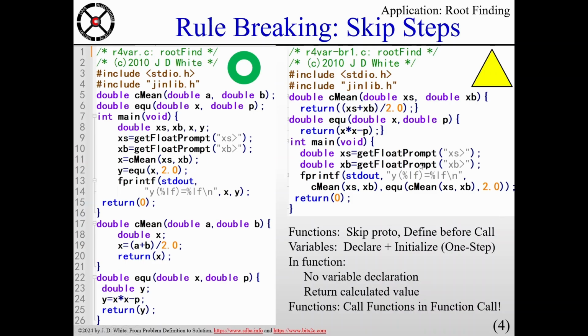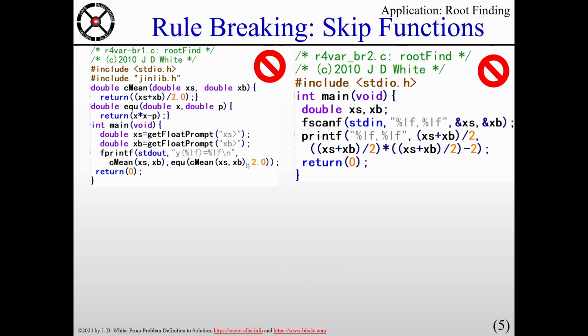But I can also break some more rules. It's still understandable. I can still understand this code. It takes a little bit of time, but I can still understand what's going on. Now I can start making it less understandable. I take this code, which I don't like you doing, and break it down: double XS, XB.